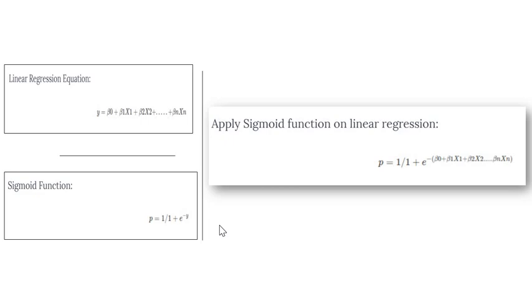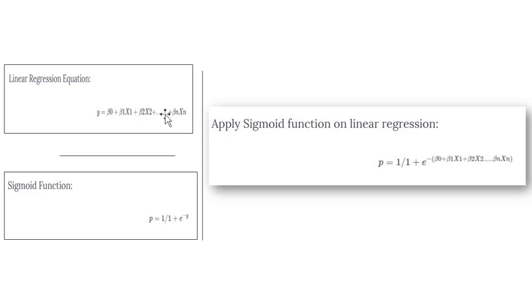What I'm trying to do is two things. I want to fit a line on my data points, and at the same time, I want my output predictions to be probabilities ranging from 0 to 1. So I apply the sigmoid function on the linear regression. This is the sigmoid function, with p, which stands for the probability, on the left-hand side, and everything else on the right-hand side of the equal sign.